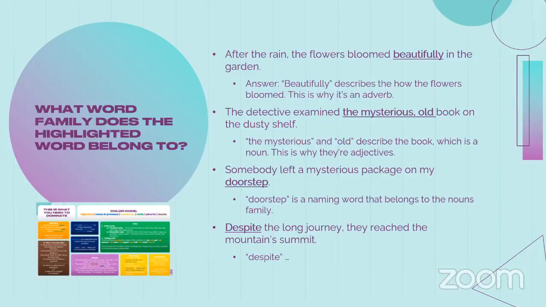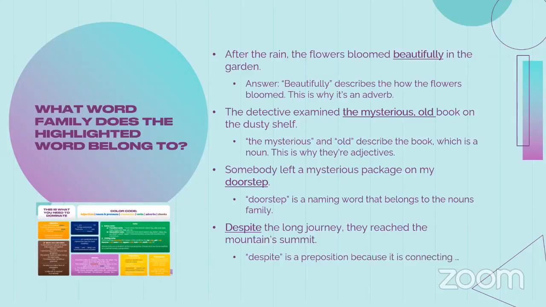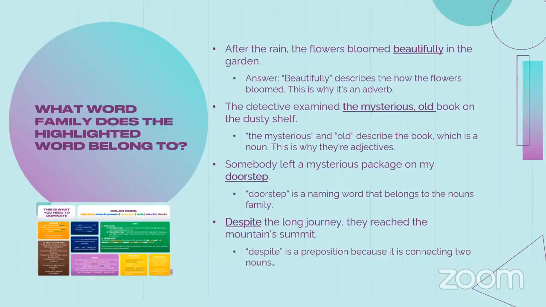I don't understand the question. Give me a sentence to describe what is despite. What is the function of despite in this sentence? It is a preposition because it is connecting two nouns. Correct.